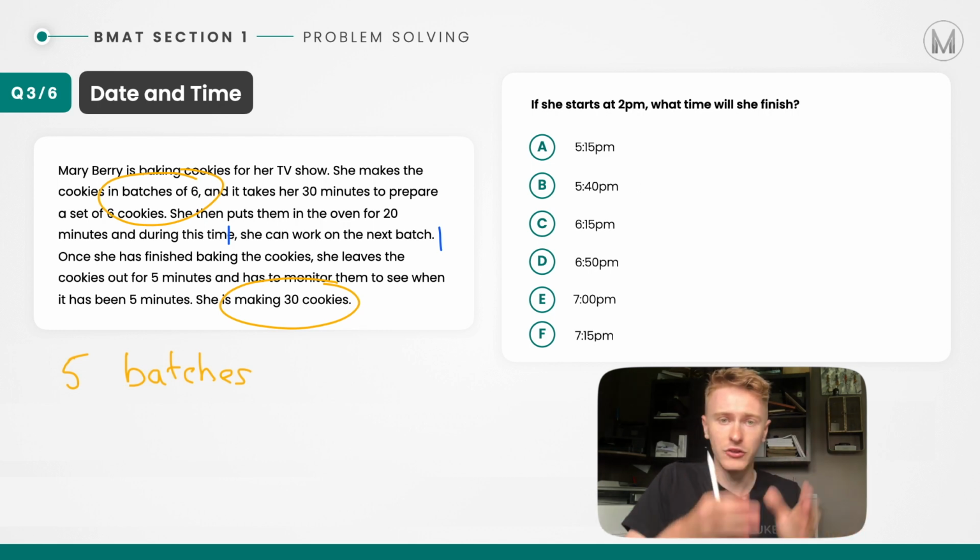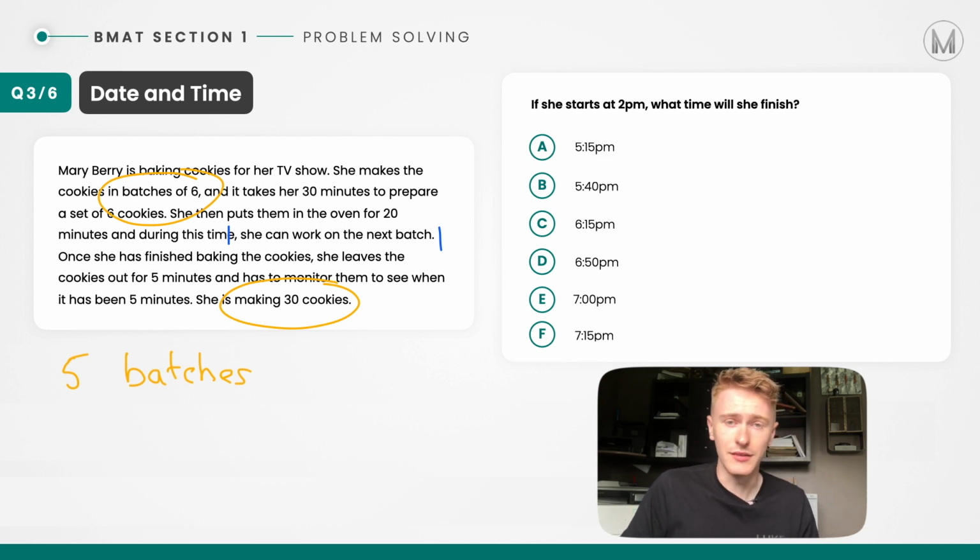She's making cookies, she's putting them in the oven, she's starting cookies again. It would make sense that there's going to be some sort of pattern there. So my top tip, if you can't see the pattern, just get stuck in and see whether the pattern falls out of your working as you go. If not, then it's up to you to make the decision. Do you simply sack this question and move on, or do you persevere and just get it done because you've got plenty of time? Up to you.